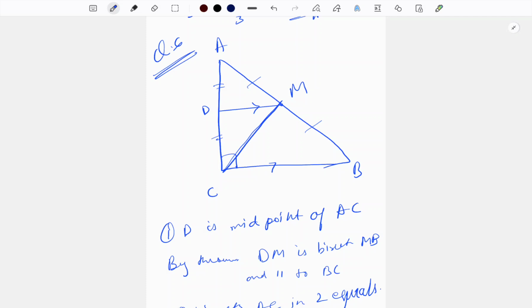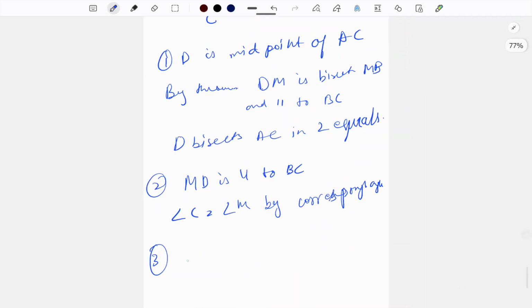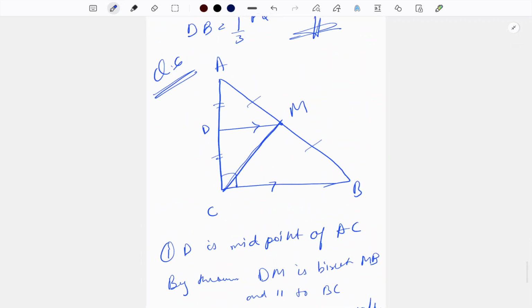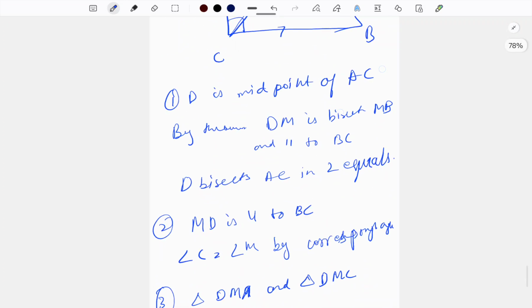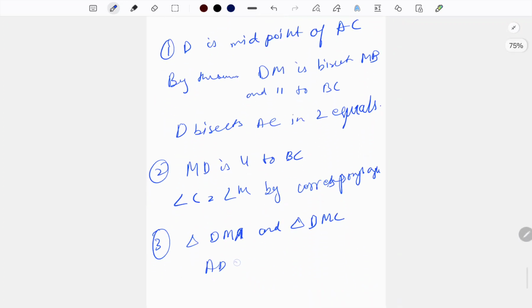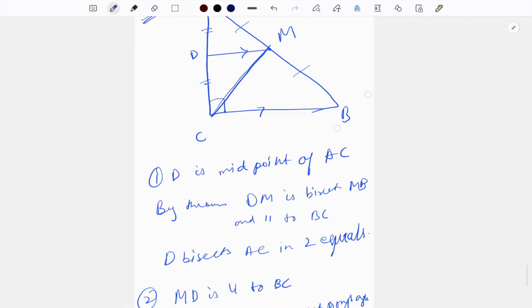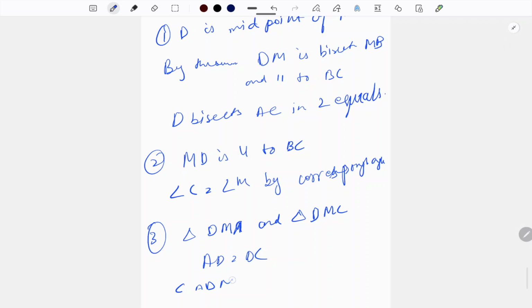So yes, if you will take triangle DMA and triangle DMC, we will find AD is equal to DC and angle ADM is equal to angle MDC because both are 90 degree.